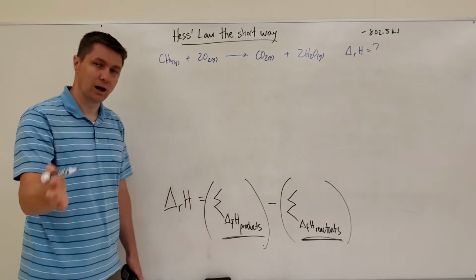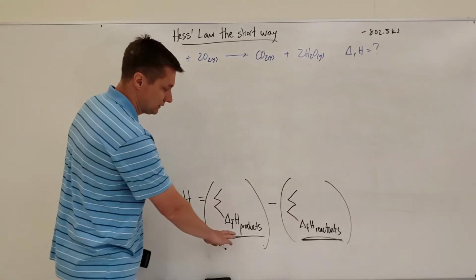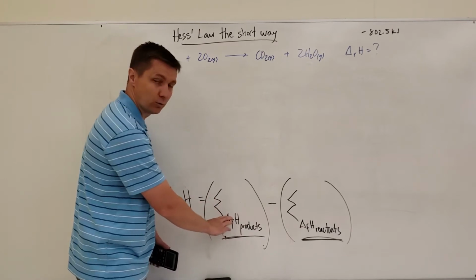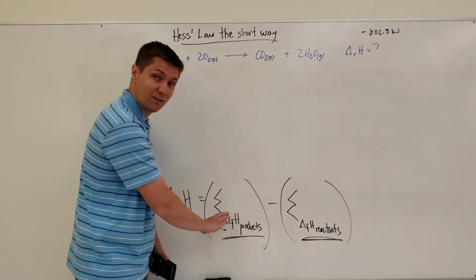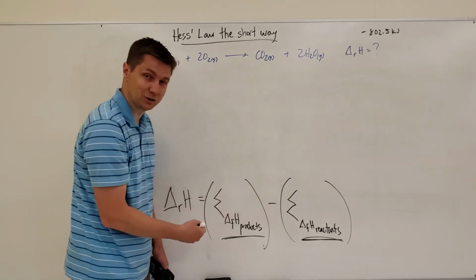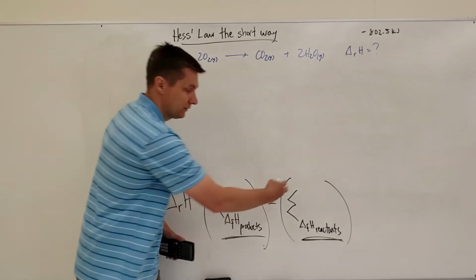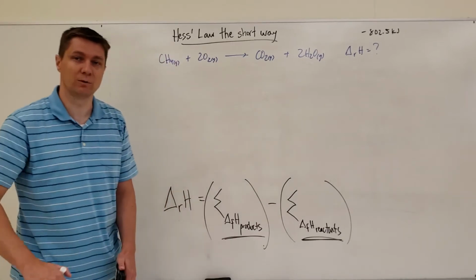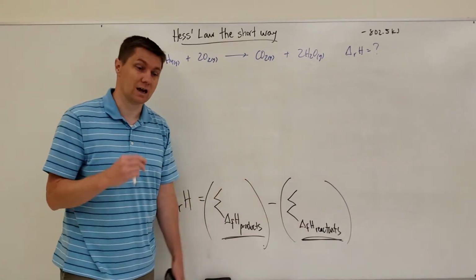The other thing to make sure of is that you do the sum of the heats of formation of the products first. That goes at the front of the subtraction, and the sum of the heats of formation of the reactants goes at the end.